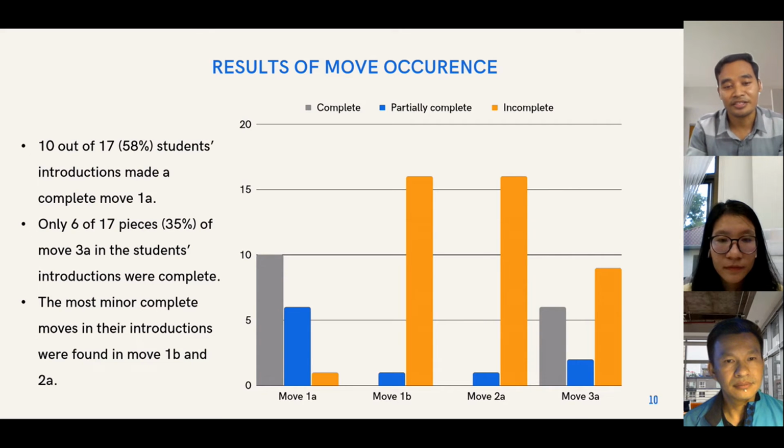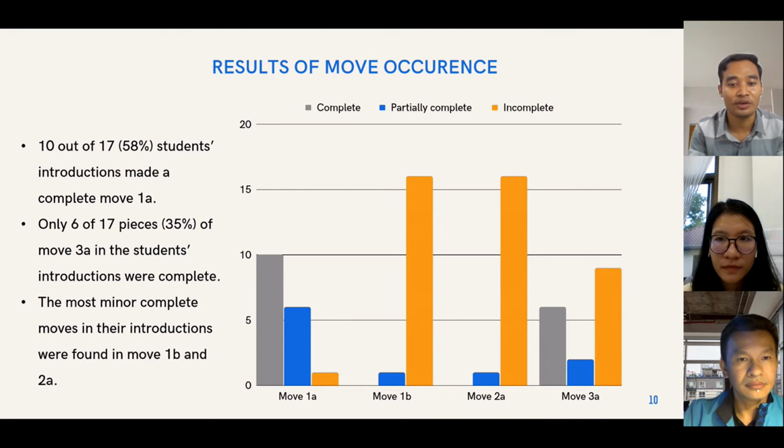Another important result is that only 6 of the 17 participants in the students' introductions made a complete Move 3A. Surprisingly, the least complete moves in the introductions were found in Move 1B and 2A, where none of the papers included the two moves.